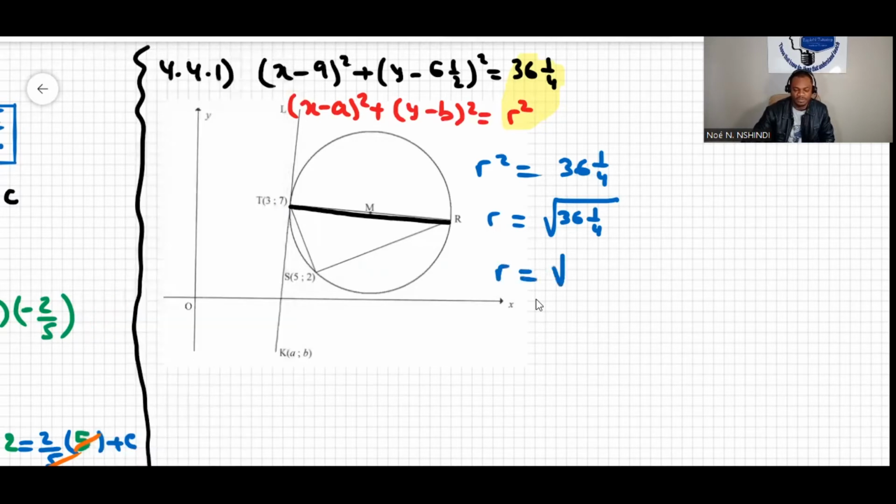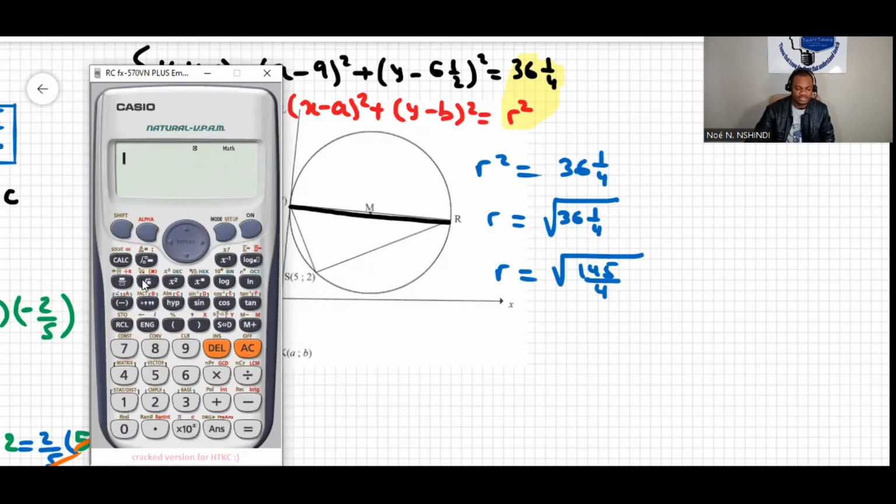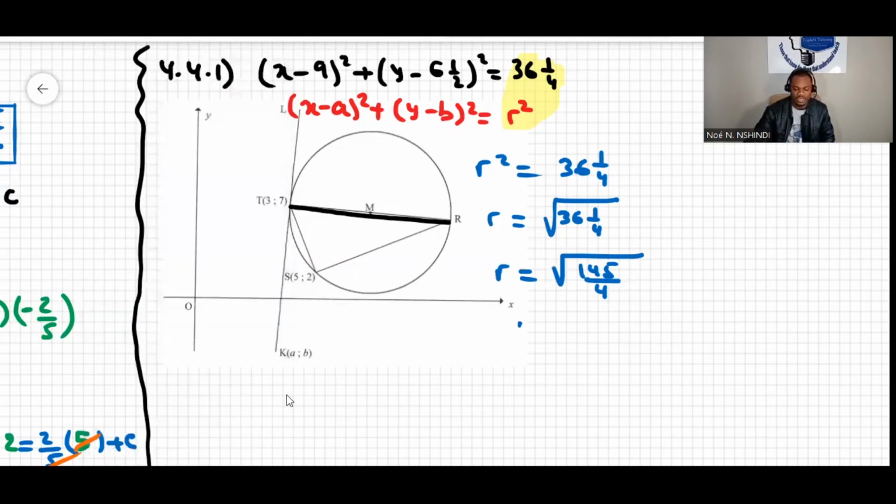So r squared, 36 and a quarter, is like 4 times 36, which is 144, plus 1. So that makes 145/4. Now I can just do the square root of 145/4, so r is the square root of 145 over 2. This is r, the radius, halfway.